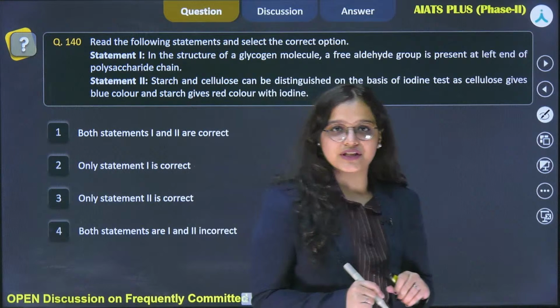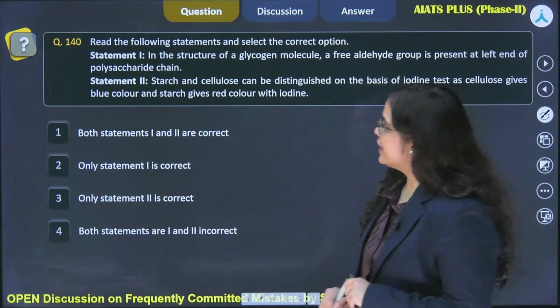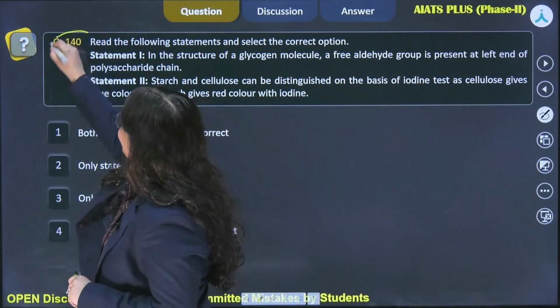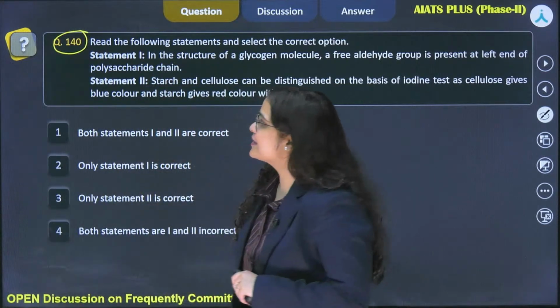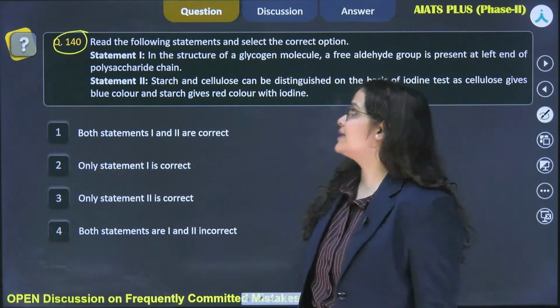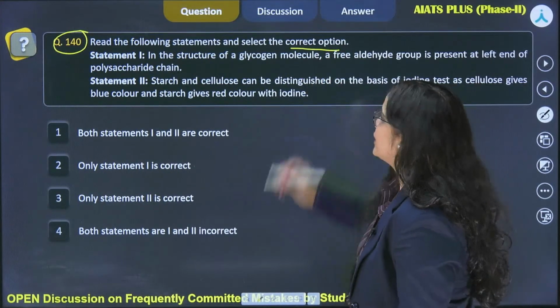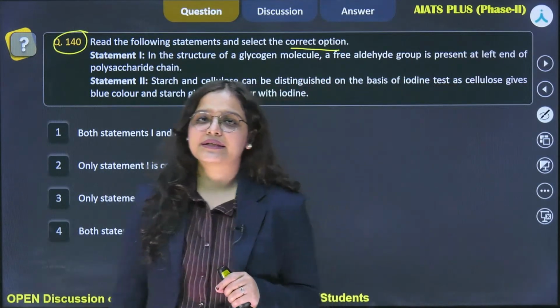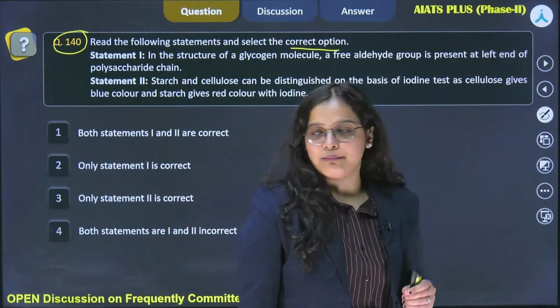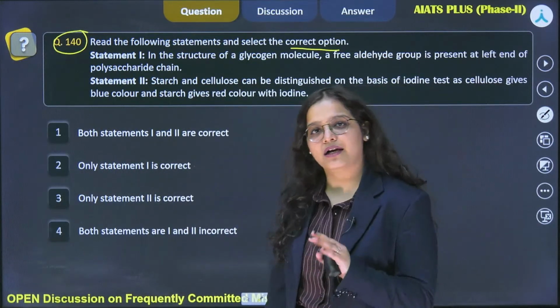So the first question that I see on my screen today is question 140. It states, read the following statements and select the correct option. So basically we need to read the statements and make out whether these statements are correct or not.